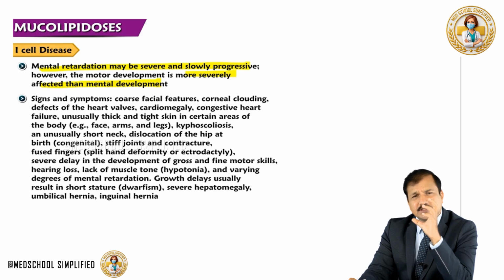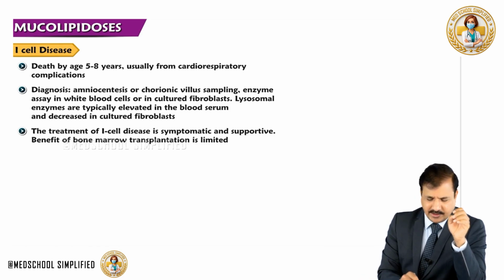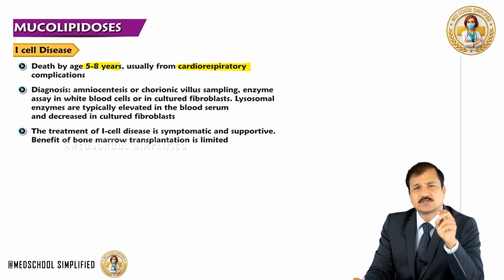So the majority of the signs and symptoms that you see here in I-cell disease will be similar to what we have seen in Hurler syndrome also. Now the death usually occurs by 5 to 8 years of age, usually because of cardiorespiratory complications, and that is also similar to Hurler syndrome.